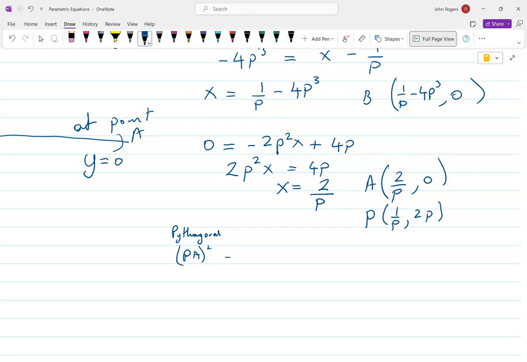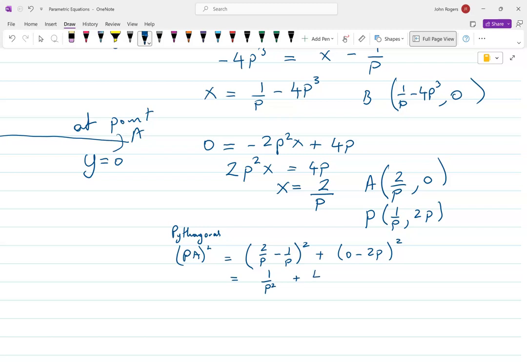will be, remember that's to do with this equation here, equal to the difference in the x coordinate, which is 2 over p minus 1 over p squared, plus the difference in the y coordinate, which is 0 minus 2p squared. This here, 2 over p minus 1 over p is just 1 over p, so that's 1 over p squared.